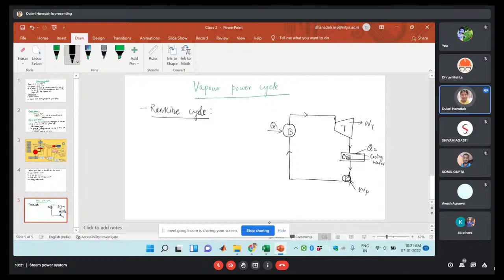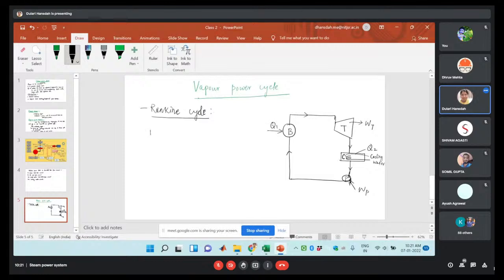So the Rankine cycle is the theoretical, or ideal, cycle. If you remember the PV diagram, TS diagram, again I am redrawing it.